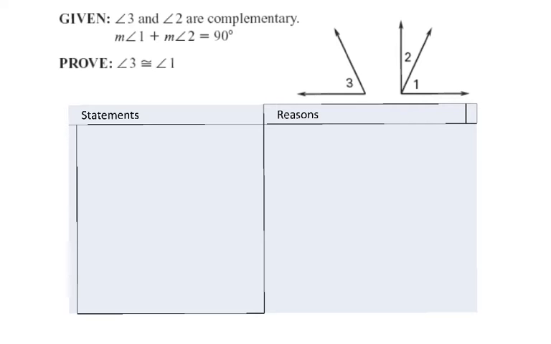Let's go ahead and state our given information. So angle 3 and angle 2 are complementary. So that is given.